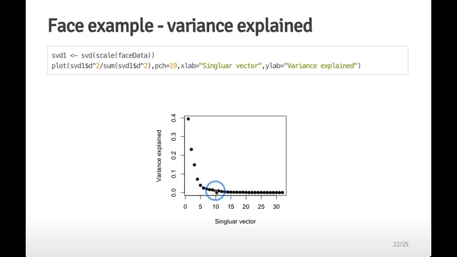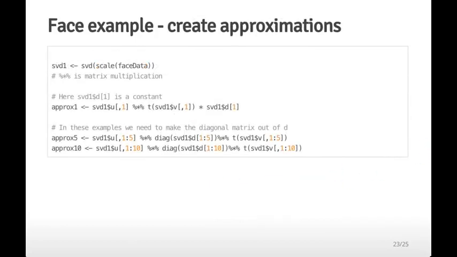If I only use the first singular vector, I've reduced the amount of data I have to store dramatically, since I only have to store one right singular vector and one left singular vector rather than the whole data set. Similarly, if I only store 5 right and 5 left singular vectors, I've still reduced the amount of data I have to store. So I've actually compressed the information on this FACE.